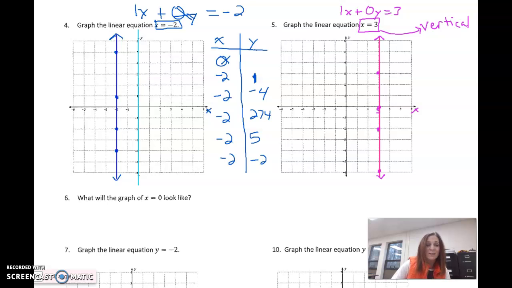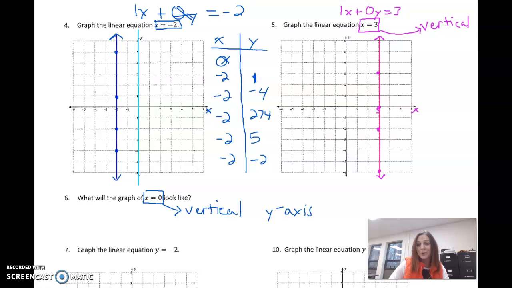That occurs on the y-axis. Remember, as soon as you see x equals a single number, it's vertical. In this case, it's really just going to be the y-axis. The y-axis has a new name, x equals 0.